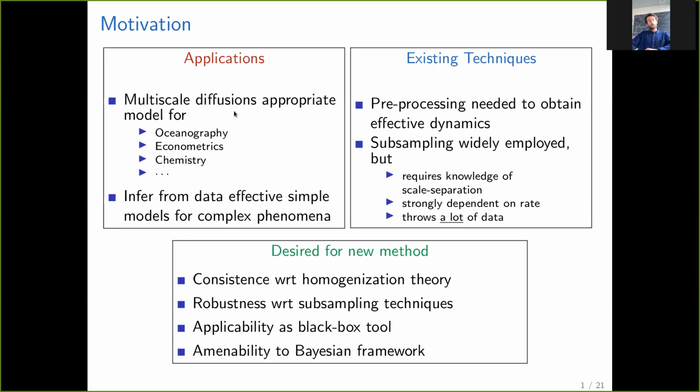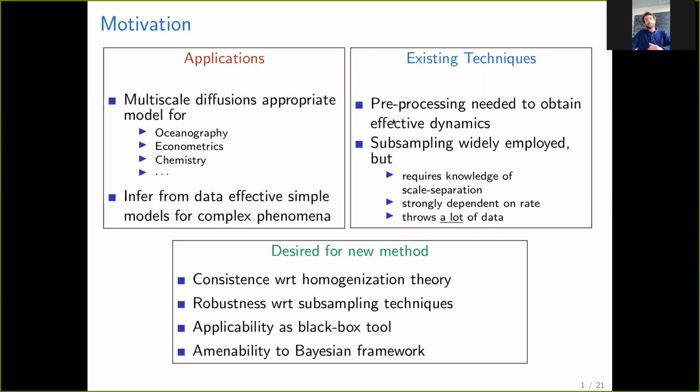So since the multiscale model where data comes from is actually multiscale, so it comes from a complex phenomenon, and you're trying to infer a simple model, you're confronted with an issue of model misspecification. In order to tackle this issue of model misspecification, it has been shown during the early 2000s that it's necessary to pre-process in some way the data.